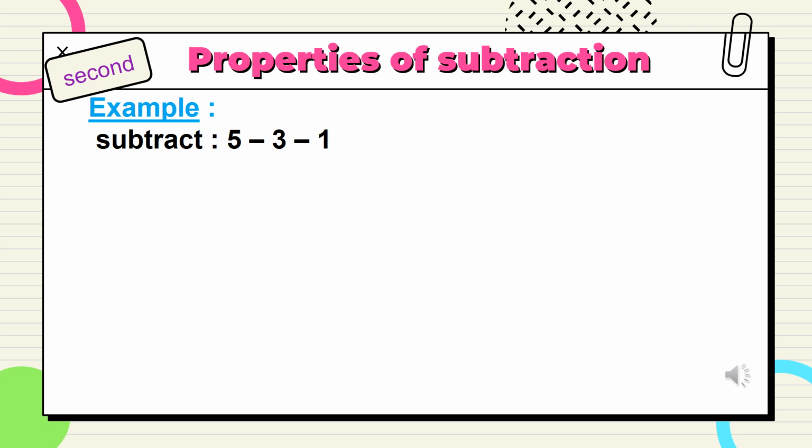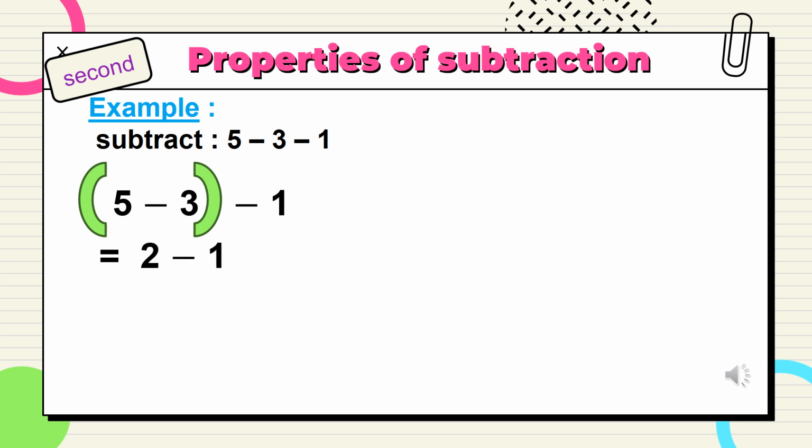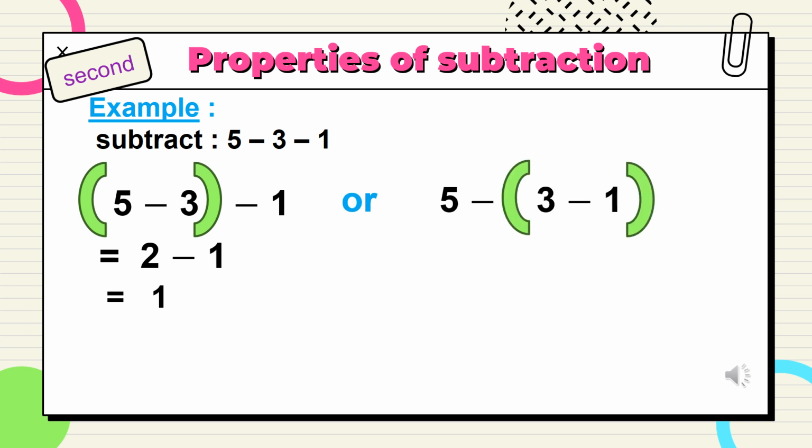Second one, if we need to subtract 5 minus 3 minus 1, we need to subtract three numbers. So I can use the parentheses here to be 5 minus 3 in the parentheses first, minus 1. 5 minus 3 equals 2. 2 minus 1 equals 1. Or we can take 3 minus 1 this time in the parentheses.